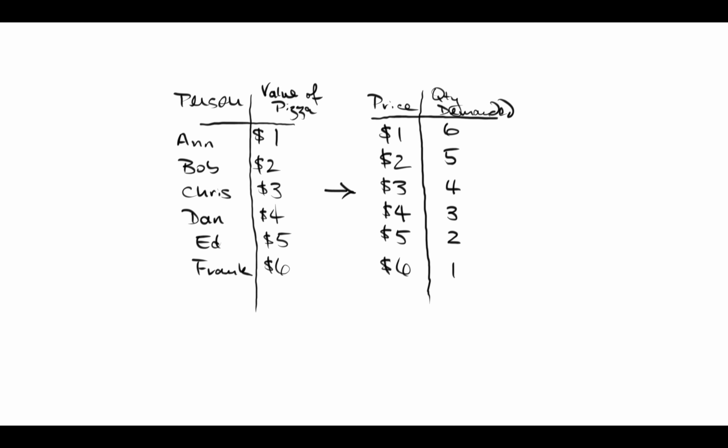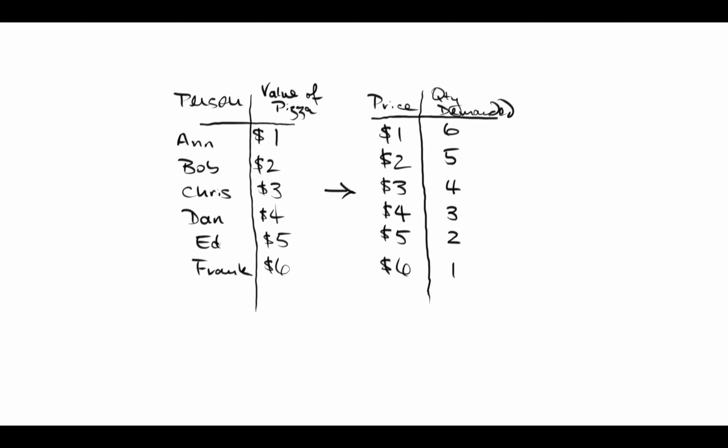As the price keeps going up, the quantity of pizza demanded decreases. This table can be called a demand schedule, but the name is not super important. It's listing for each price the quantity demanded of the good.